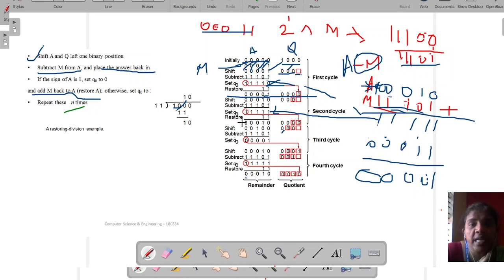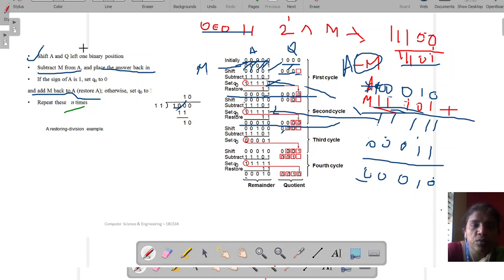You found that it is negative, so you have to restore back. When you restore, you get 00010 as the result of the second cycle. Now this finishes cycle 2.